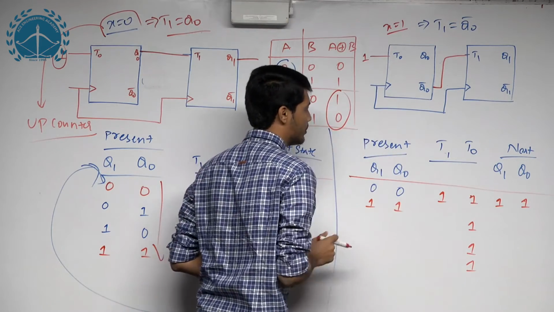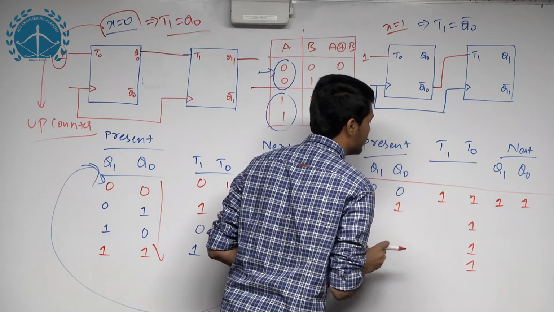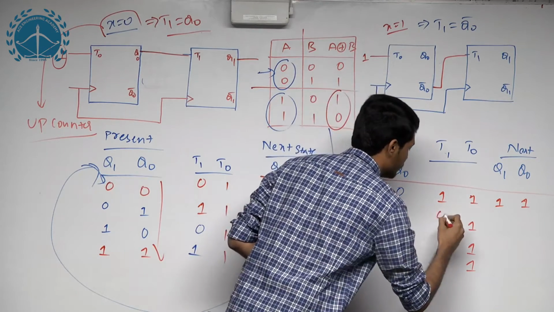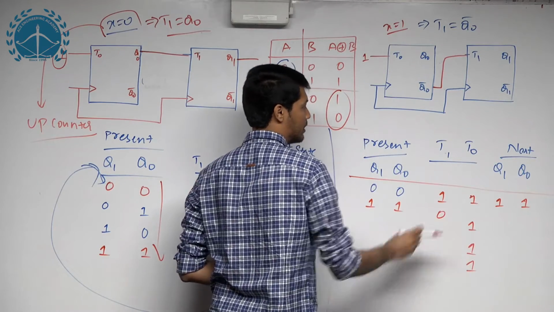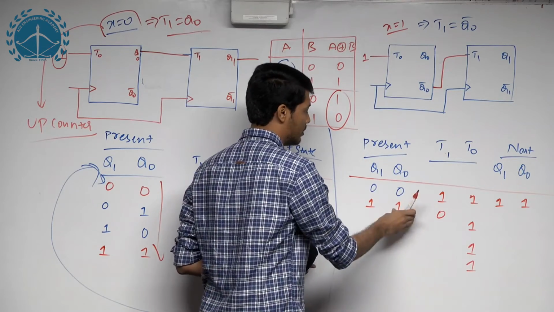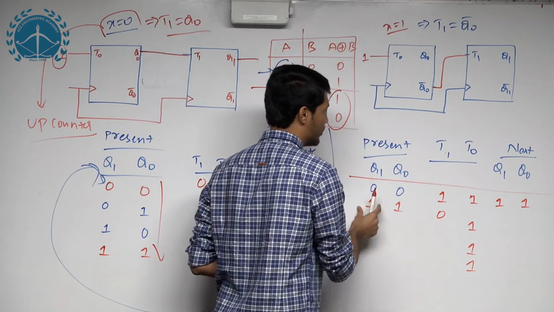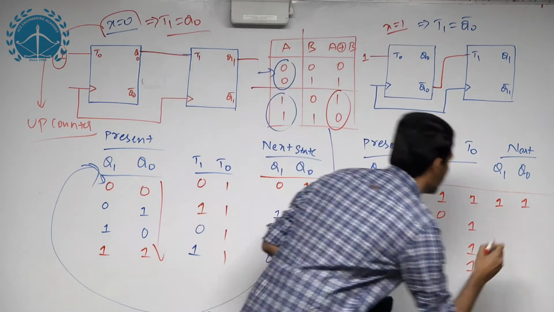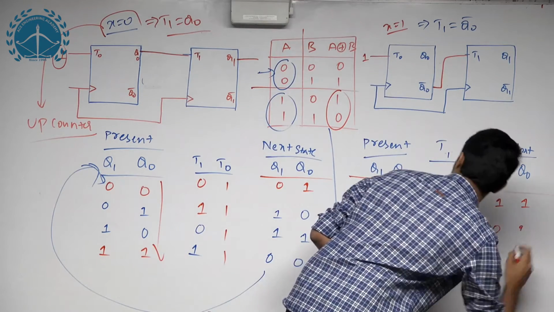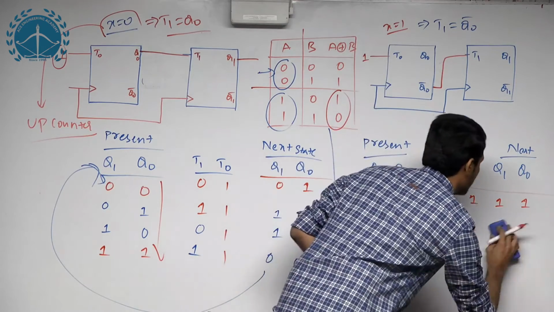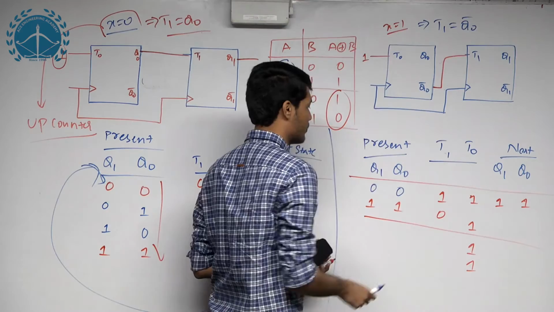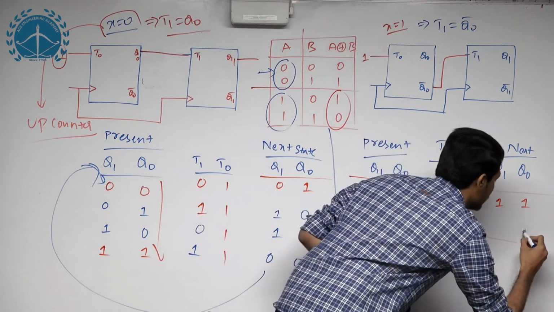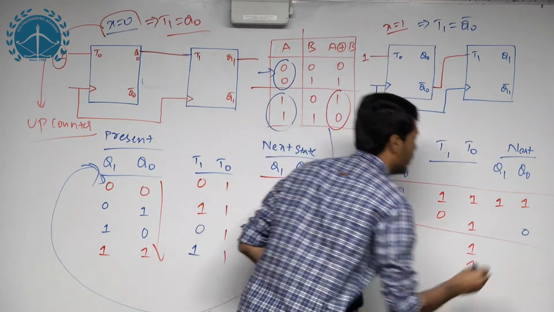So since it is 1 1, T1 is the invert of Q0, which is 0. Here you can see T0 is 1 and T1 is 0. So Q0 toggles but not Q1. The inputs are 0 1, so this one will toggle, this one will not toggle.